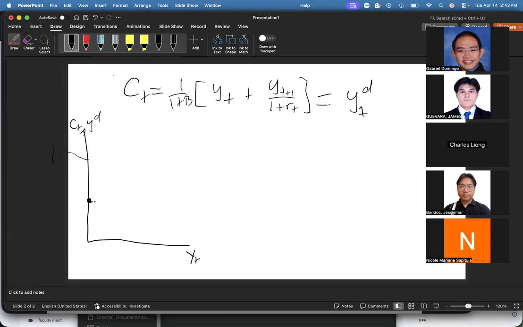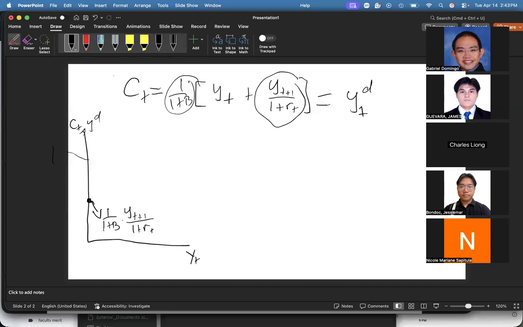This value here is 1/(1+β) times Y_t+1 over 1+r_t, because you're plotting Y_t down here. So the only thing that is not Y_t is essentially this term. Any questions so far? None? Okay.